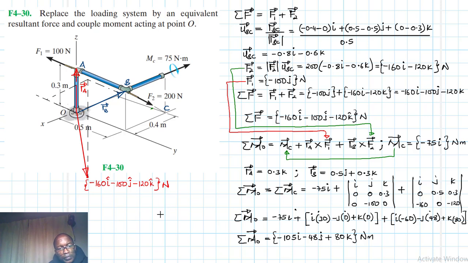So Newton, like so. So that's our resultant force.